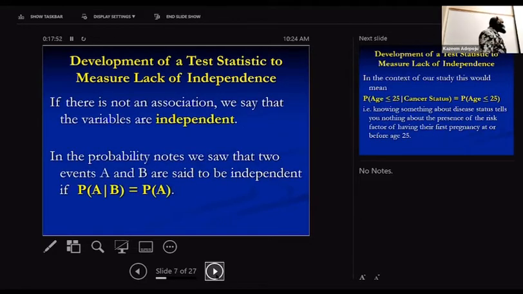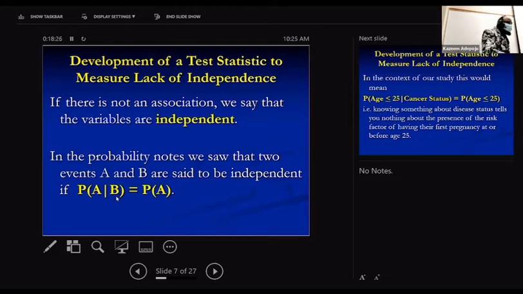I'm going to start from a mathematical way. When I say there is no association, you know what that means? They are independent. No association, no relationship means they are independent. They don't have any connection. And I'm going to go probabilistically now. In probability, if you look at the probability of A given B, that's a conditional probability for event A to occur.